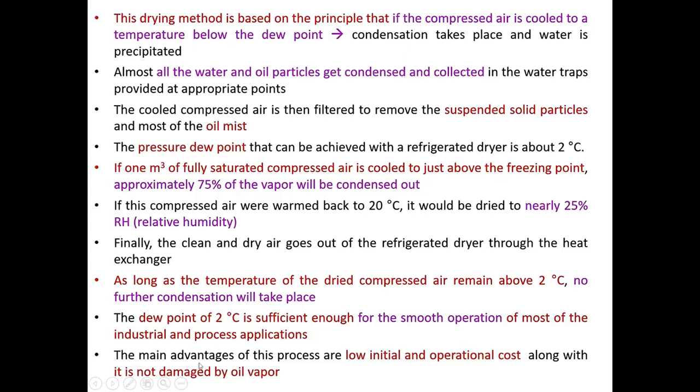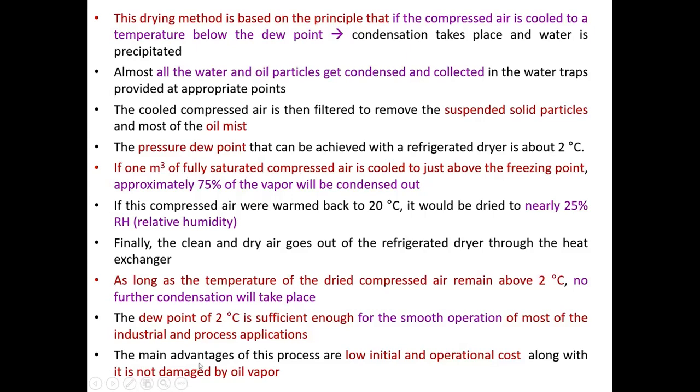If 1 cubic meter of fully saturated compressed air is cooled to just above the freezing point, approximately 75% of the vapor will be condensed out. If this compressed air were warmed back to 20 degrees, it would be drier, at nearly 25% relative humidity. Finally, the clean and dry air goes out of the refrigerated dryer through the heat exchanger.